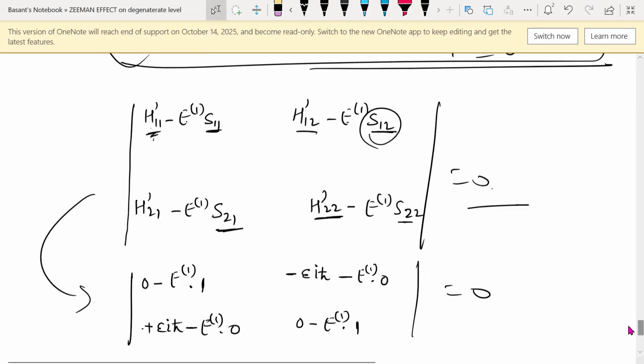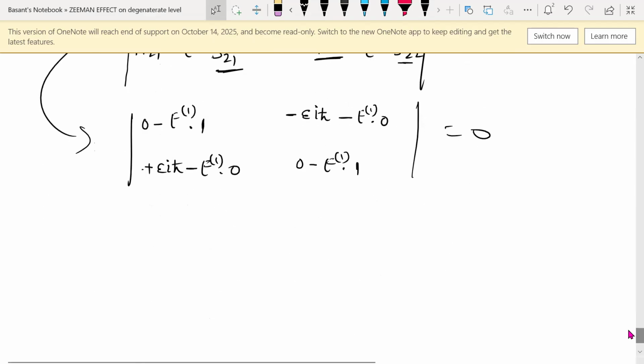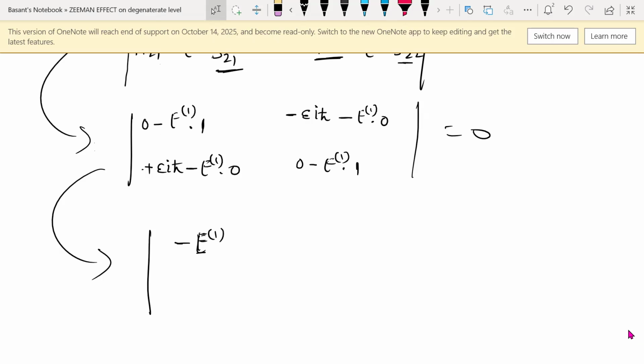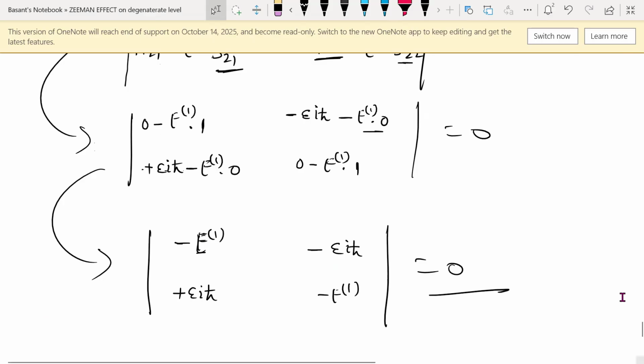Now, this determinant becomes minus E1, that is the required value for our problem, and minus epsilon i h-bar, this becomes 0, and now this is plus i h-bar, and this is equal to minus E1 and equal to 0. What is the value of E1?